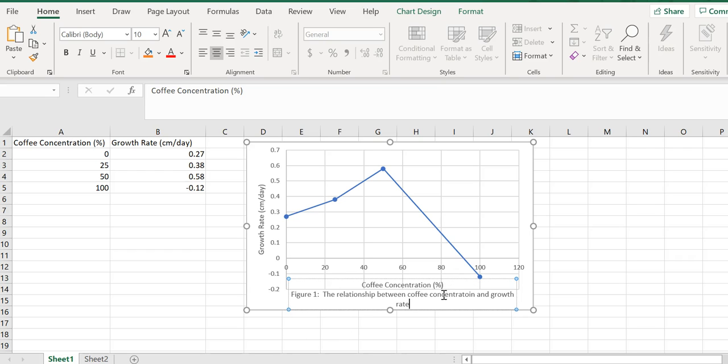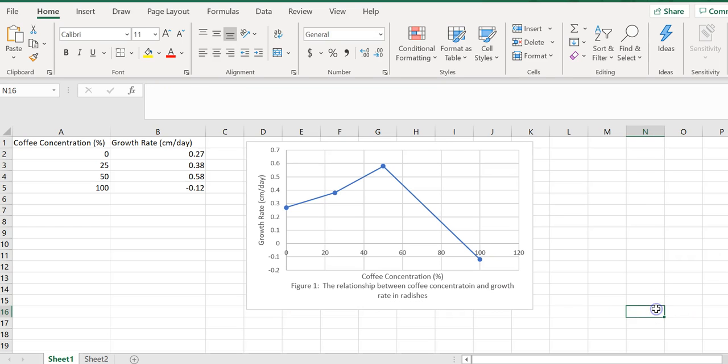So I have my independent and dependent variables there, but remember I always need to have my organism that I'm studying, and this investigation was looking at the growth rate in radishes, so I'm going to include that organism as well. So there's my graph.